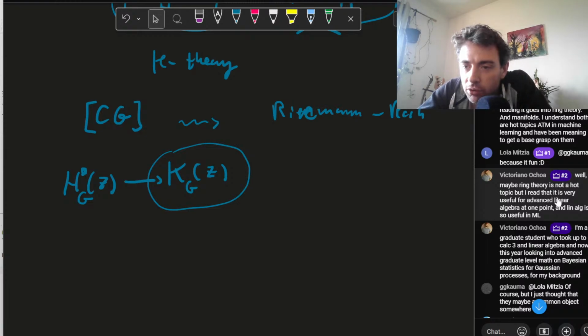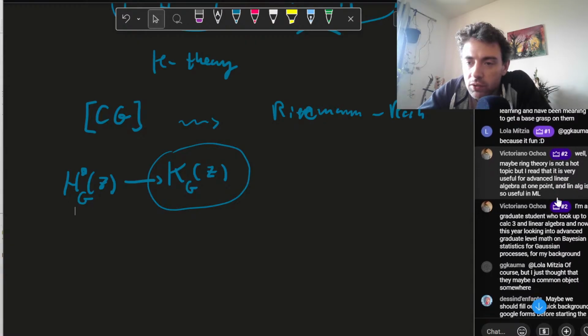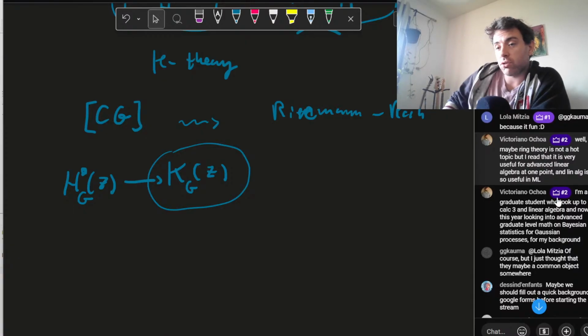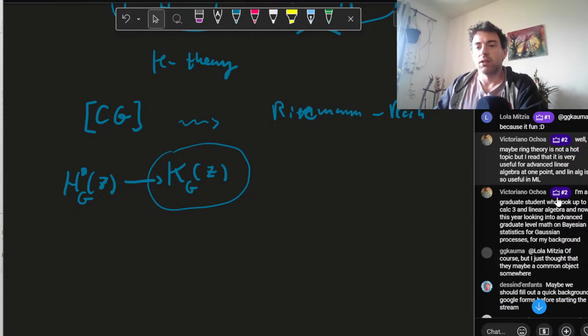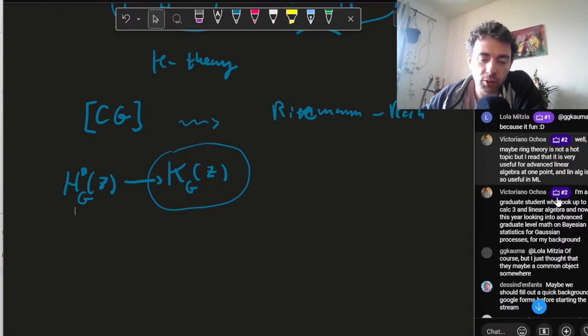Maybe ring theory is not a hot topic, but you read it as very useful for advanced linear algebra at one point, and linear algebra is useful in ML. Yes, although I don't think you actually need the advanced ring theory version of linear algebra. Normally in linear algebra you're dealing with fields, and of course as a mathematician you want to say, well, how far can we push this? Does it only apply to fields?